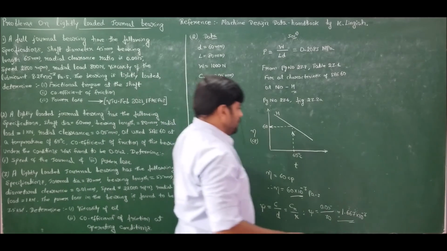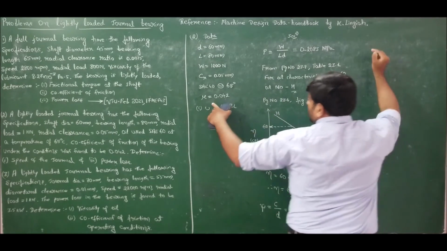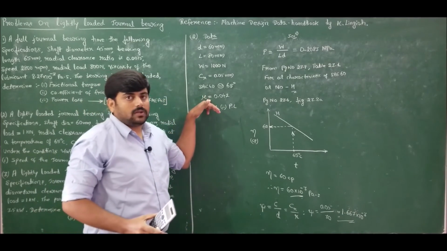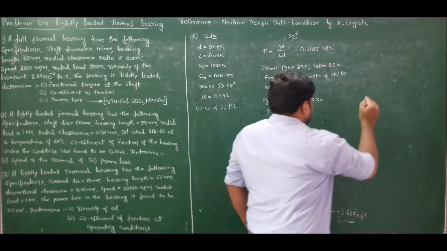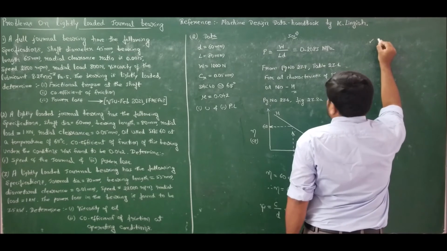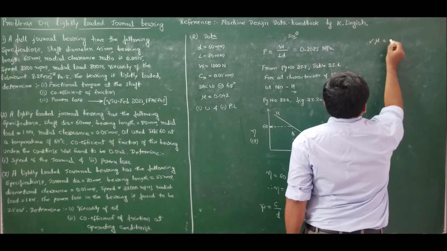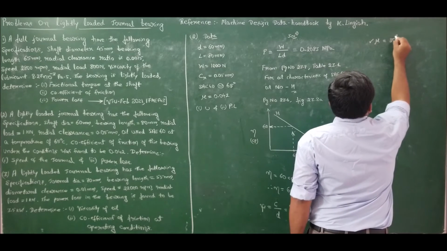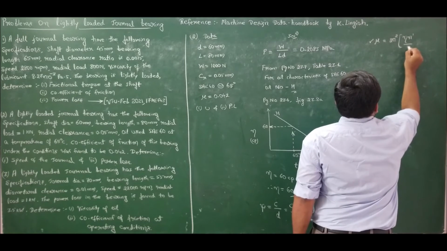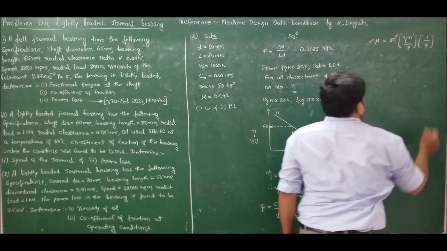Now make use of Petrov's equation. Because he has given the value of mu, the hint is that I should use the equation of mu. There I can get one unknown. So recollecting Petrov's equation, because it is a lightly loaded bearing, we have Petrov's equation given by mu is equal to 2 pi square eta n dash by p into 1 by xi.